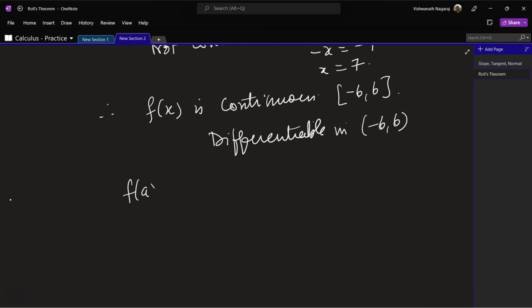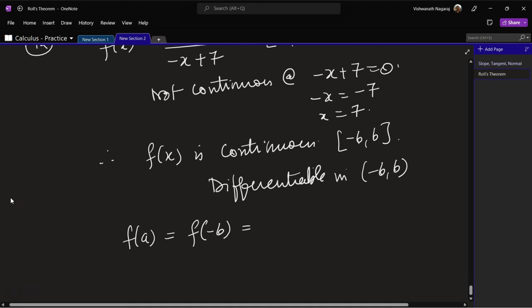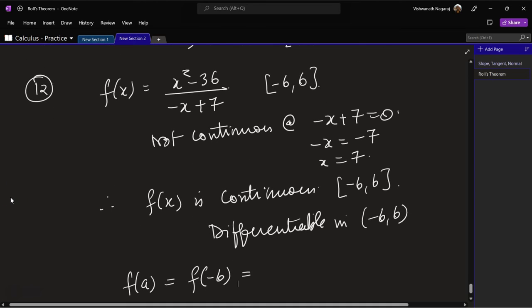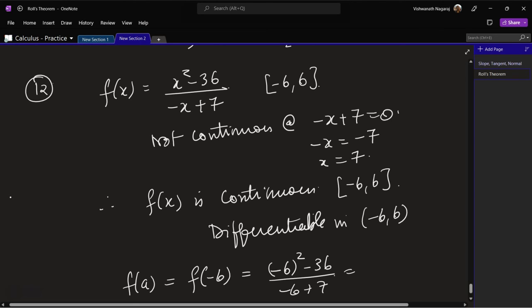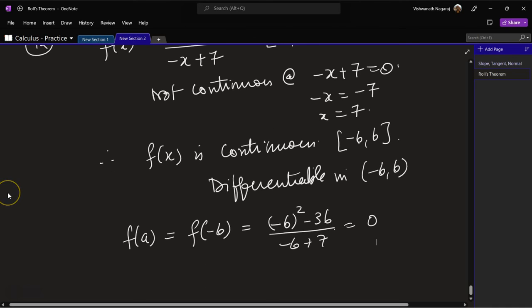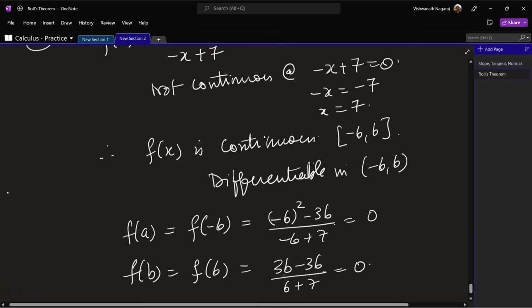Now, let's see f of a is equal to f of minus 6, which is equal to, now here remember we have x square, so minus 6 square minus 36 by minus 6 plus 7, which gives us 36 minus 36, so 0. Similarly, f of b is equal to f of 6, which is equal to again 36 minus 36 by 6 plus 7, which is again 0.